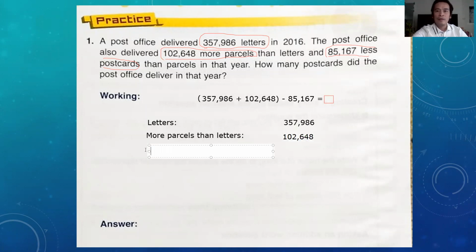And then less. So this is the number of parcels now. Parcels. So to get the parcels, you have to add this first. 6 plus 8 is equal to 14.